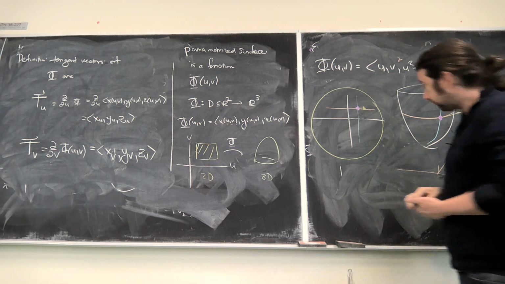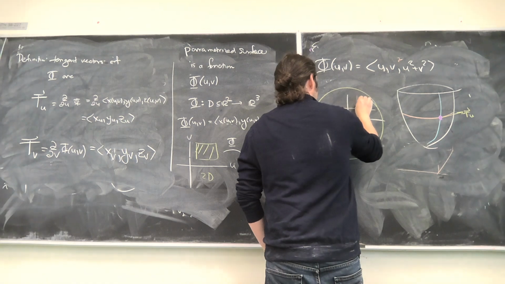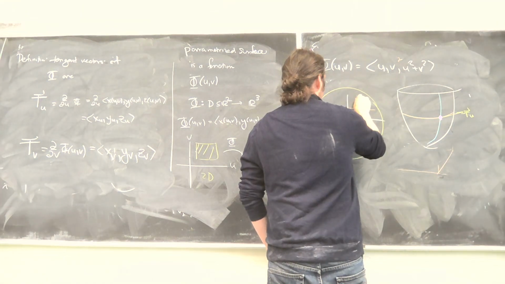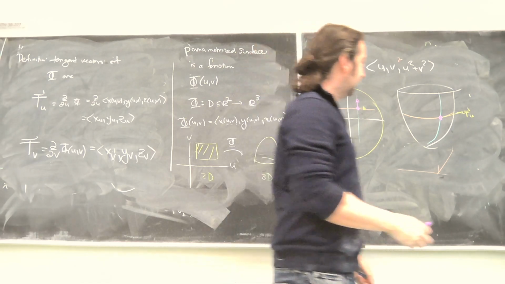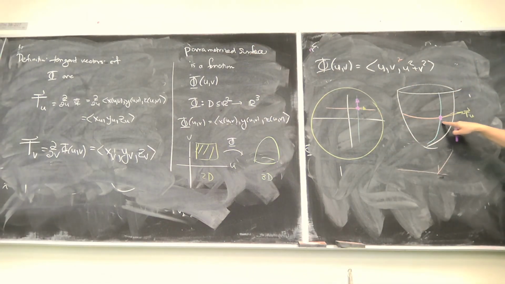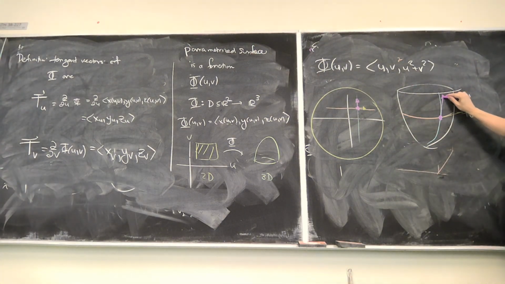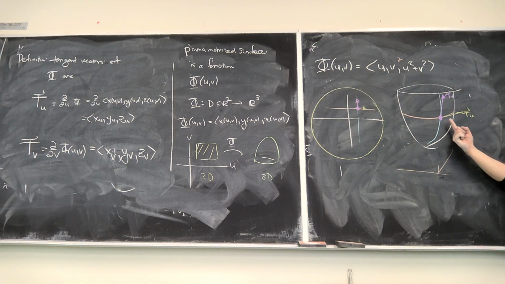And likewise, if I had a tangent vector over here, well, that's pretty easy to compute. Go up. But if you run through what that does on the surface side, you end up with Tv, the tangent vector in the v direction. Those vectors correspond to vectors that are perpendicular to the surface on this side.